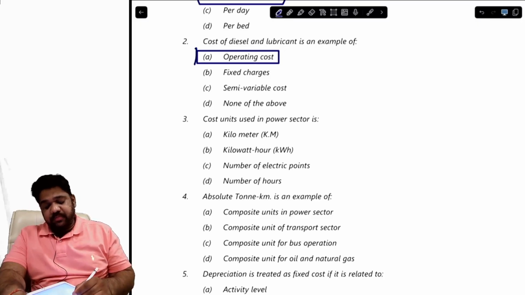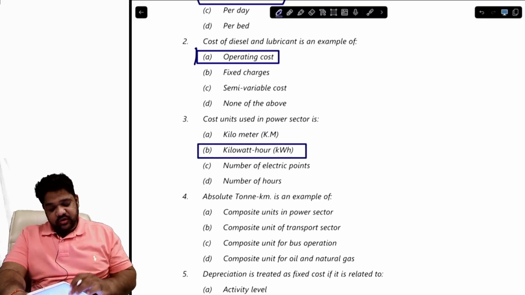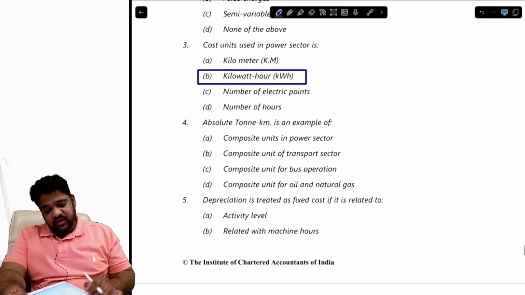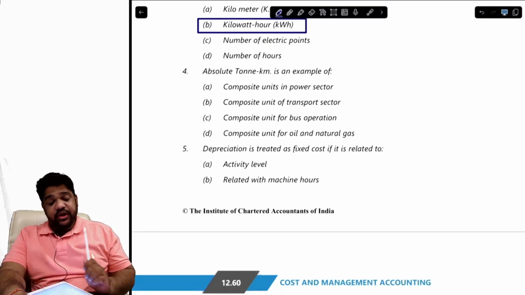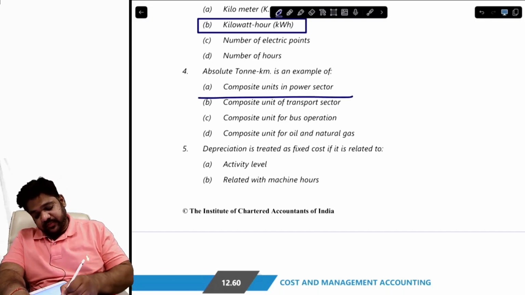Cost unit used in power sector, kilowatt hours. We have a question on this. So not even reading the other options. Absolute ton kilometer, example of composite unit in transport sector.